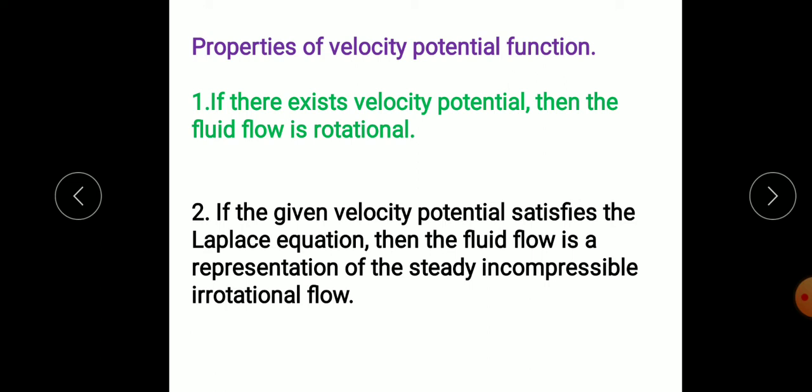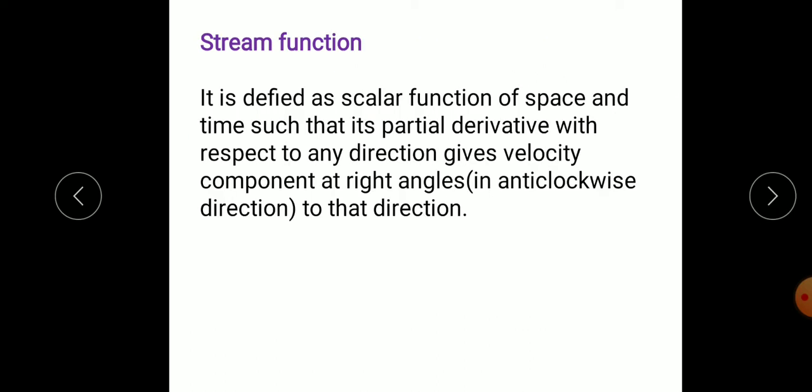These are the properties of this potential function.